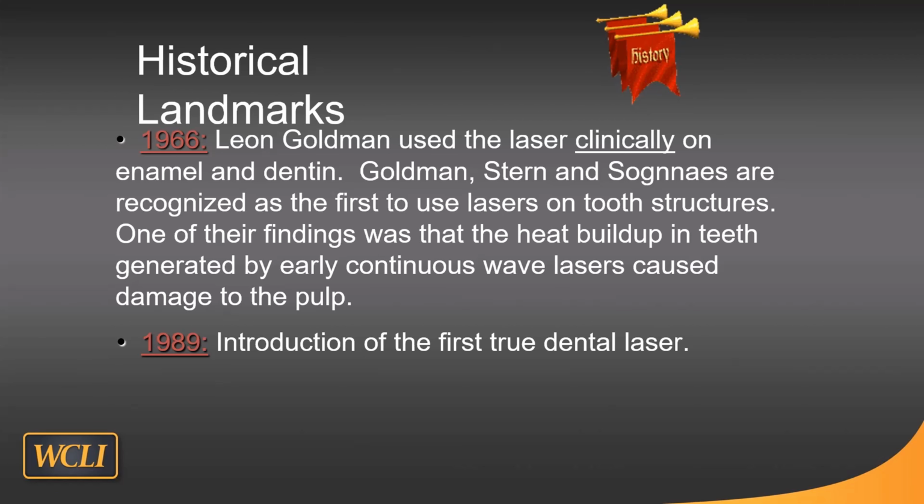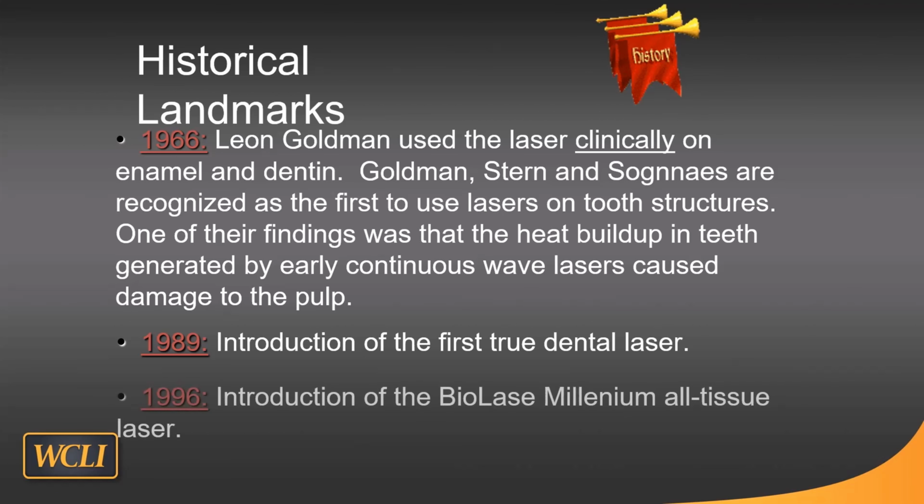But as the two erbium wavelengths were introduced, those are only absorbed by water and hydroxyapatite, not pigment. So now we can cut teeth because of the absorption mostly in the water and hydroxyapatite without actually damaging the pulp of the tooth because we're not getting any absorption into the pigment.